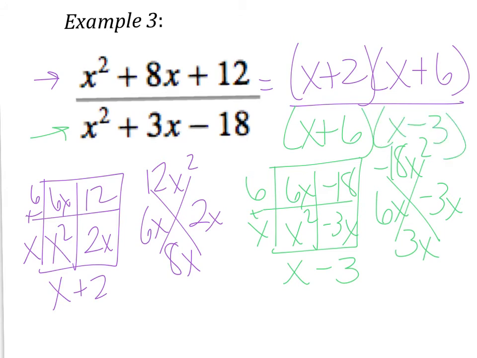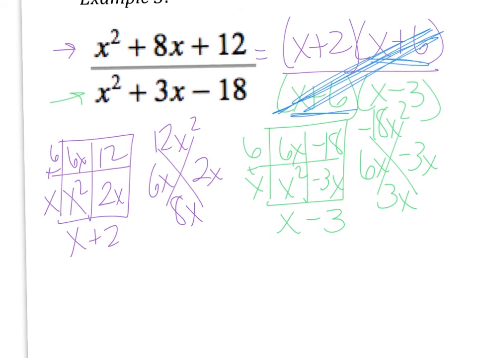So we are looking to find that giant 1, and if you notice, we have an x plus 6 in the numerator here, and we have an x plus 6 in the denominator. Even though they're not right on top of each other, we can still simplify them to 1. So our simplified rational expression is going to be x plus 2 over x minus 3.